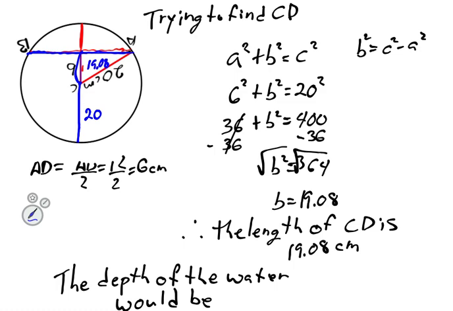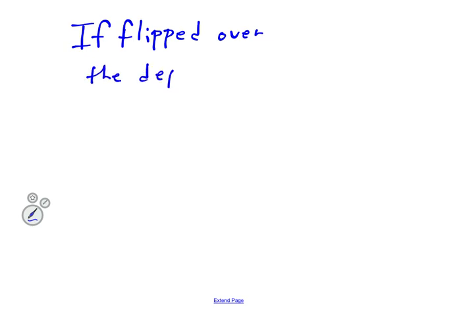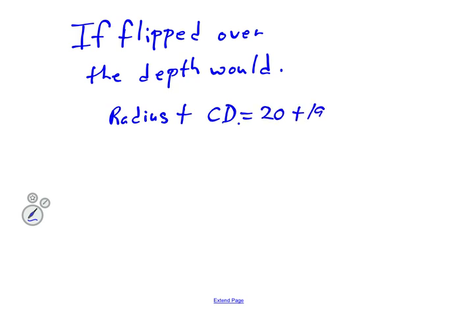The total depth of the water, in this case, if it would have been flipped over, the depth would be the radius plus CD, which in this case is 20 plus 19.08, which is equal to 39.08.